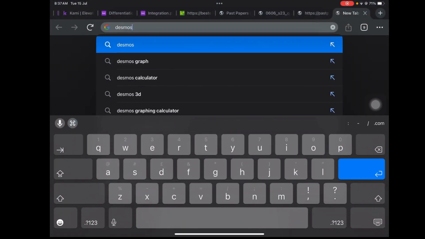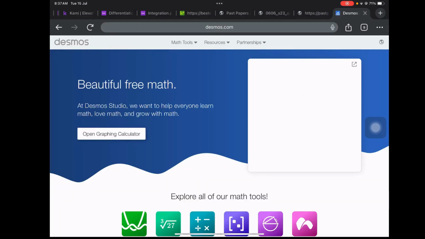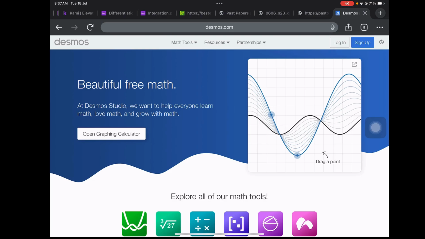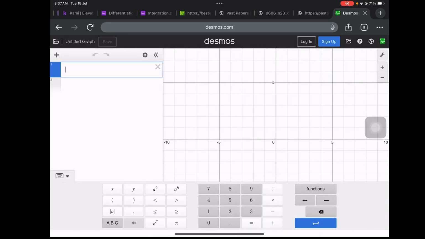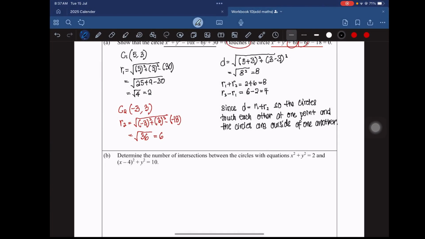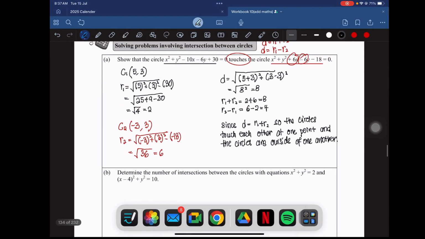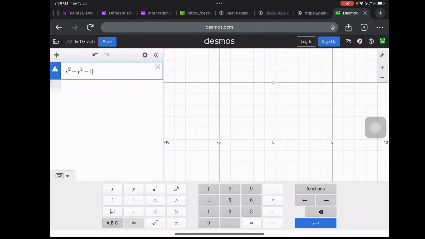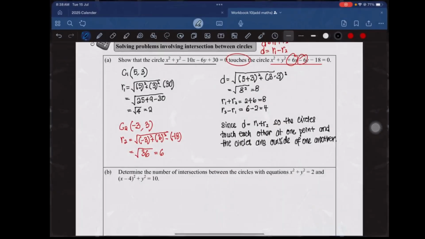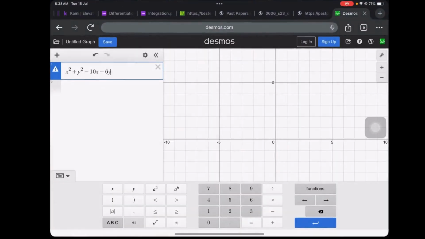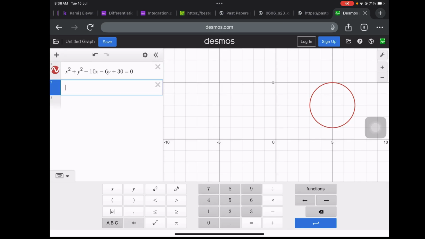If you look at the Desmos graph here, you have x squared plus y squared minus 10x minus 6y plus 30 equals 0. That is the first circle.